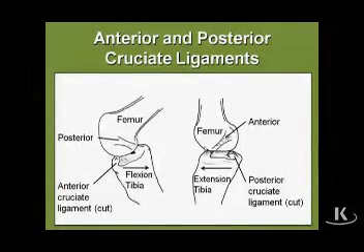So what we've said is that the anterior cruciate ligament is injured more frequently than the posterior cruciate. We said that the medial collateral ligament is injured more frequently than the lateral collateral ligament. And we said that the medial meniscus is injured more frequently than the lateral meniscus. And there is a coincidence of injuries that's sometimes given the name the unhappy triad.